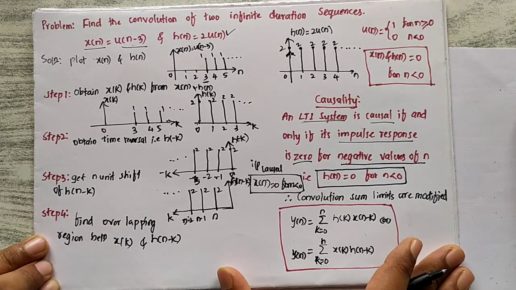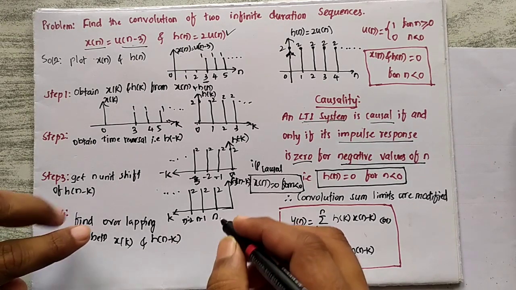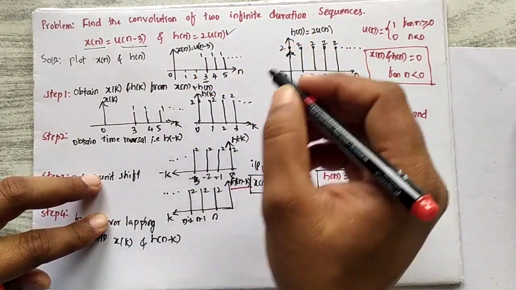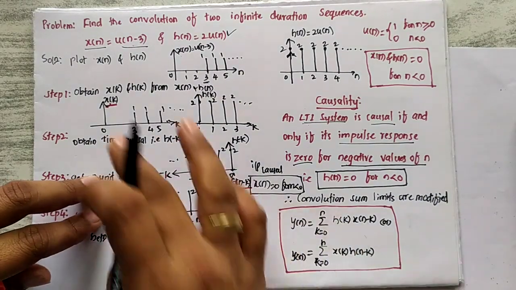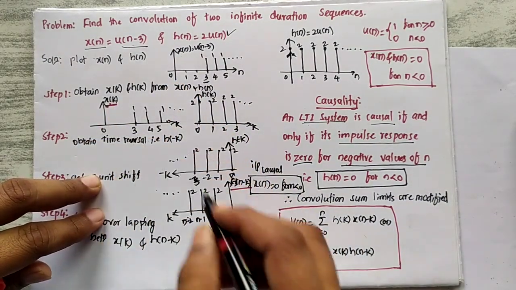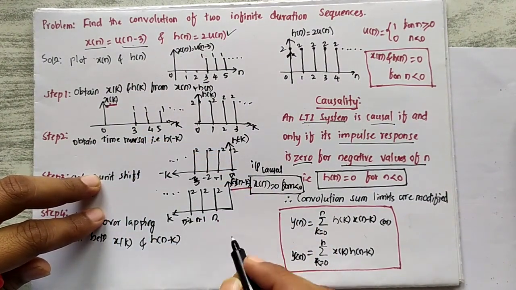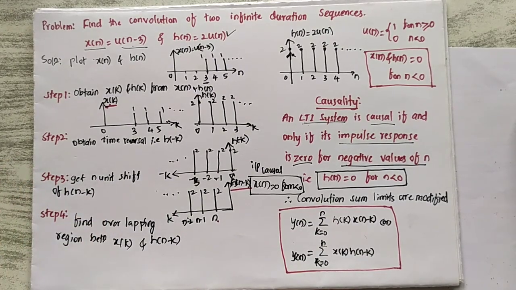Okay, so obviously I will be looking for the cases here. So what could be our first case? I have to look at h of n minus k, and here it is x of k. Okay, so if you look into both of them, if I consider n should be less than 3, that would be the case A.